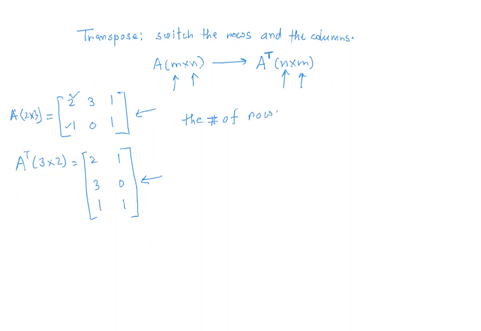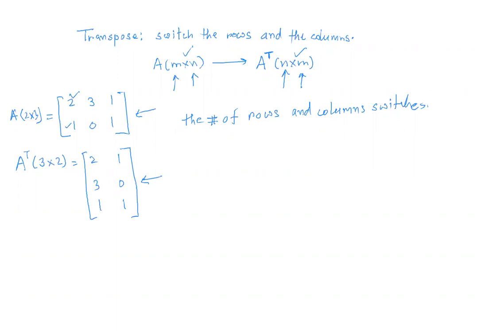So if A is an m by n matrix, A transpose is going to be an n by m matrix.